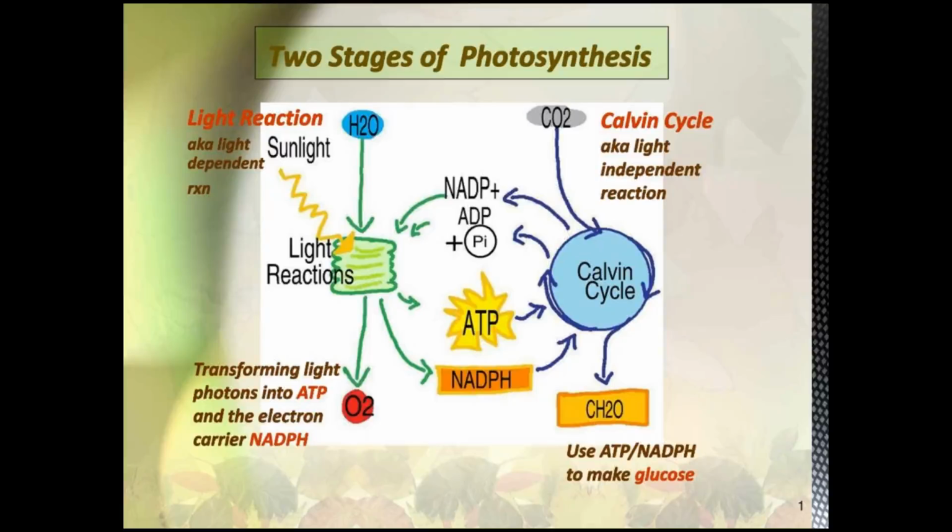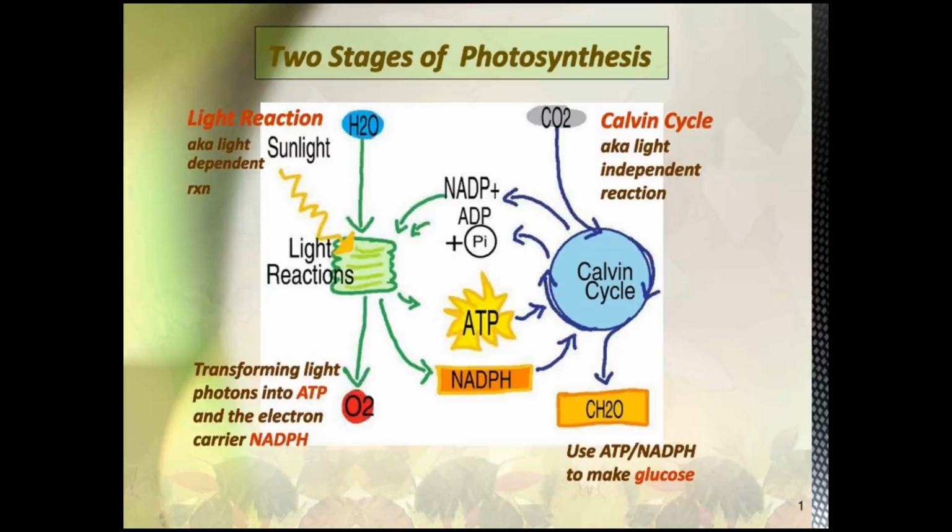The light dependent reaction gives ATP and NADPH. That is NADP, here NADPH. Understood everybody?